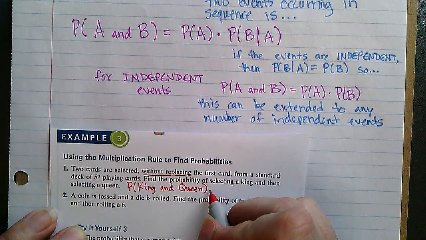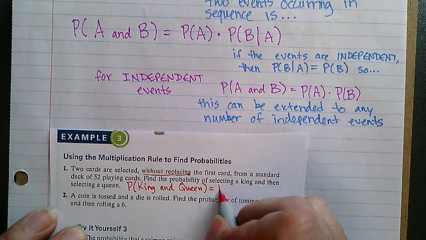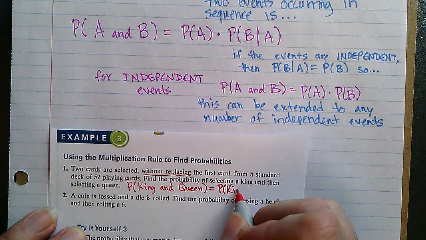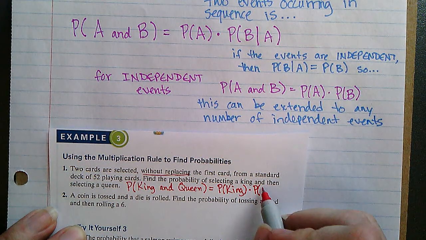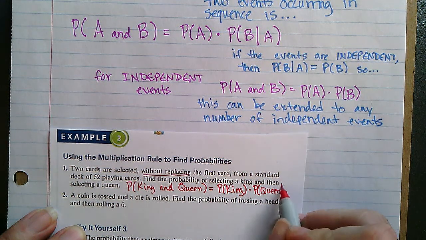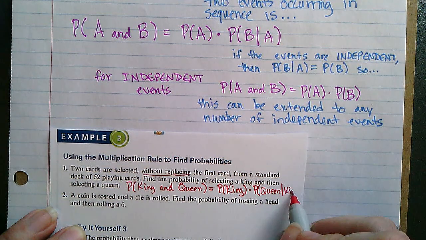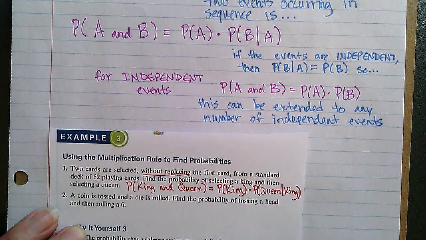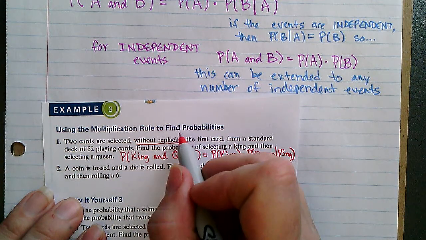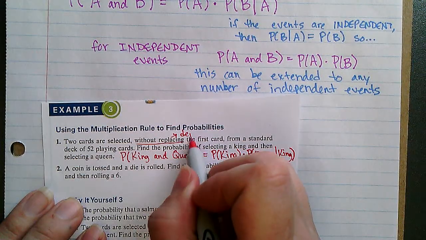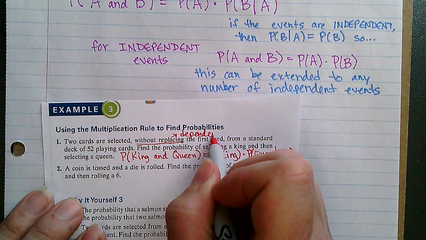So that would be equal to the probability of selecting a king times the probability of selecting a queen, given that we selected a king already. Now, without replacement means that these events are dependent. So I don't get to use the simplified formula.